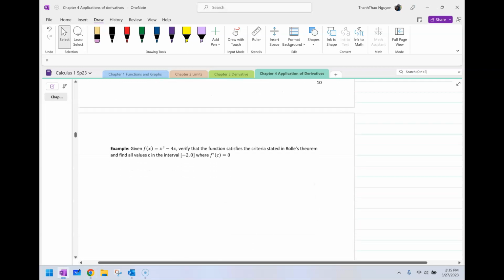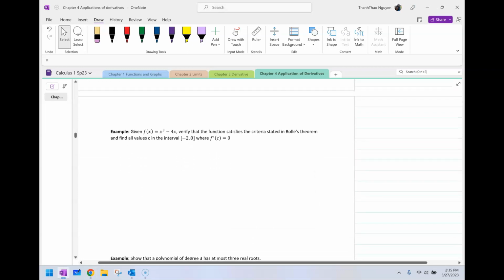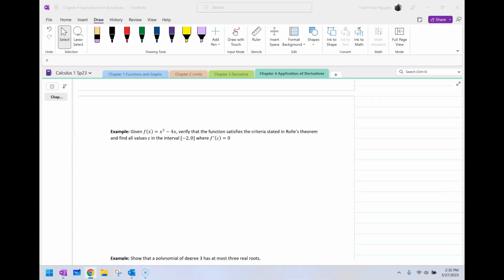Let's take a look at an example. Given the function x cubed minus 4x, we want to verify that the function satisfies the criteria in Rolle's theorem and find all the values c in the interval [-2, 0] where f prime of c equals 0. First we need to verify that the Rolle's theorem conditions are satisfied.